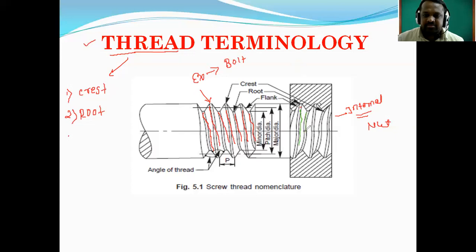Now we should know about the terminology of the thread.